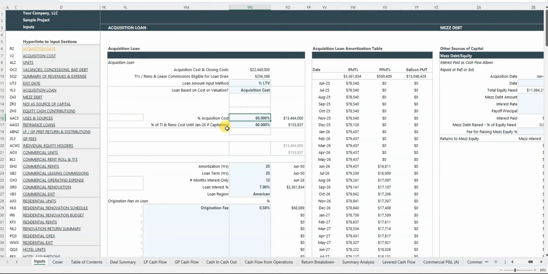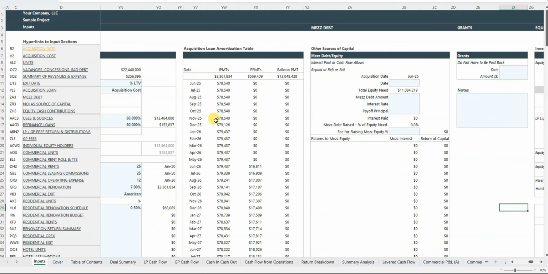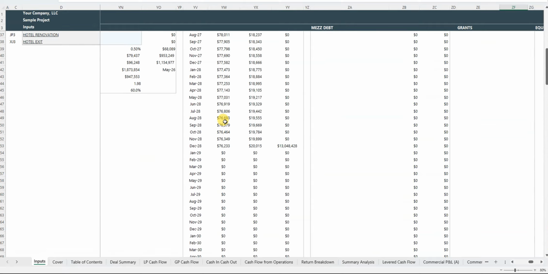Acquisition cost is going to lend 60% toward the acquisition cost, 60% towards the TIs and renos that were indicated are included under the heading of the acquisition loan. Here's my terms of the loan, 25-year AM, 25-year loan term, 12 months of interest only, 7% interest with a 0.5 point origination fee. And I can see my little amortization table here on the loan right next to it.